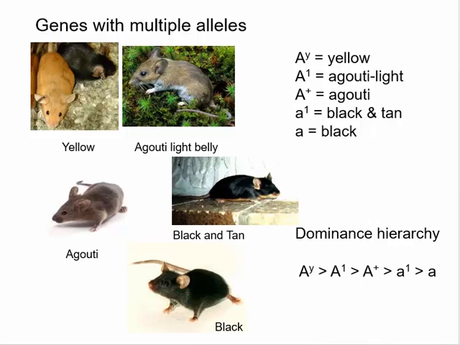All right, so here's another example, mouse coat color. So this is an example of a dominance hierarchy. So any of these alleles up the list, let's say, is dominant over any of the others below. So I'll give you a genotype here in the question.